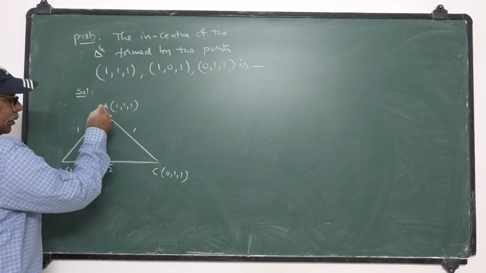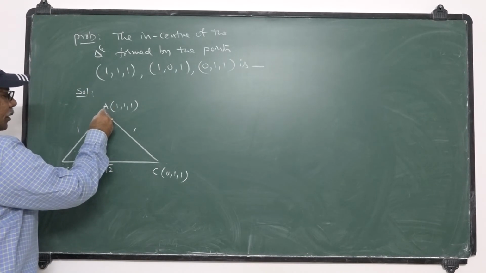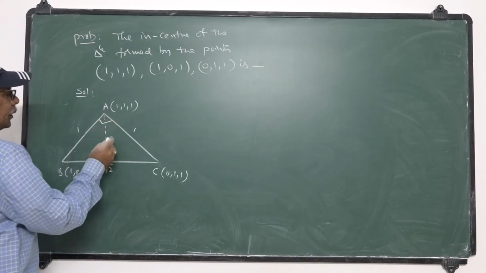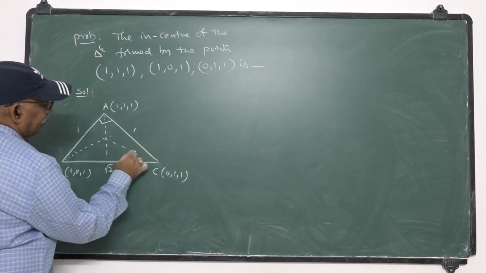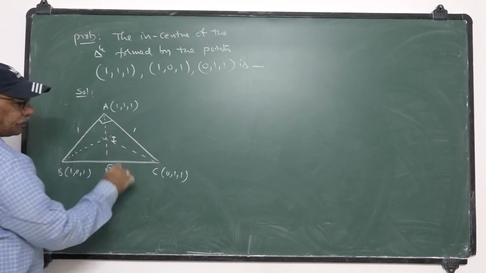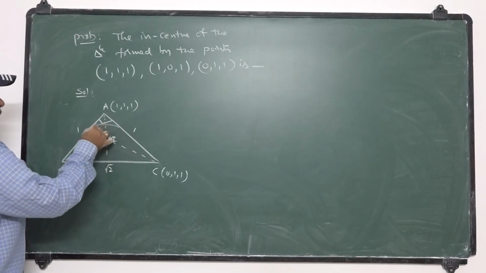Internal angular bisector, incenter. Incenter is the concurrent point of internal angular bisectors. That is I. I is the incenter.